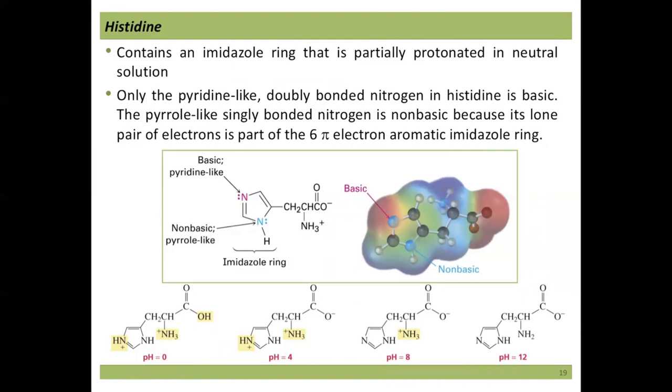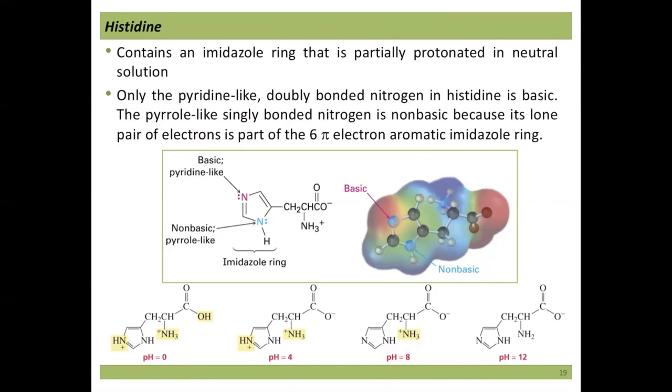Then we increase the pH and we start to deprotonate the most acidic. Well, the most acidic proton's always going to be the acid. That's why we call it an acid. Then as we increase, the next most acidic proton is off of the aromatic ring. And so we would deprotonate that around a pH of 8.